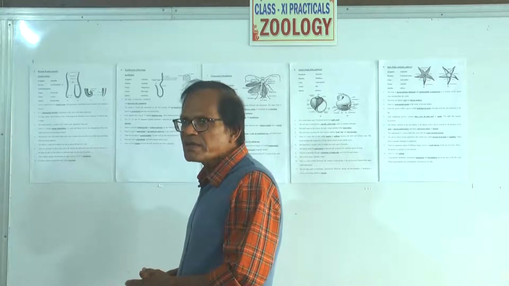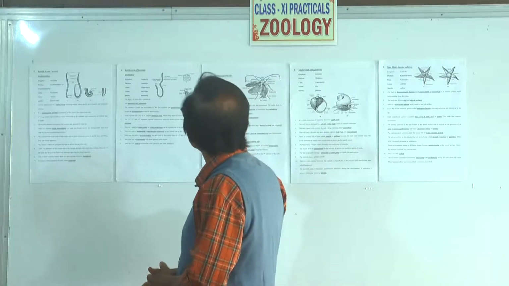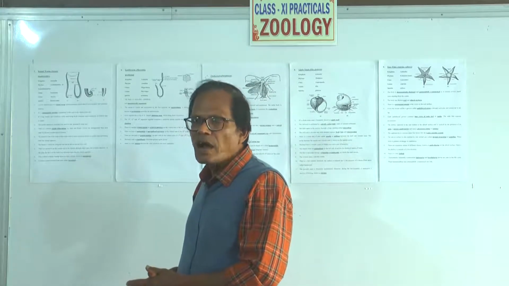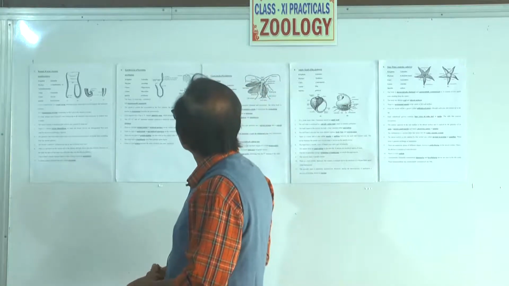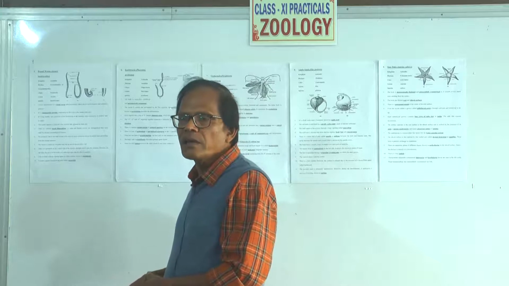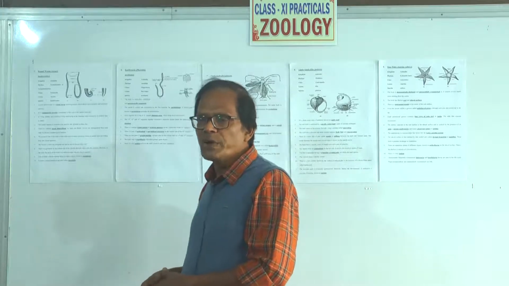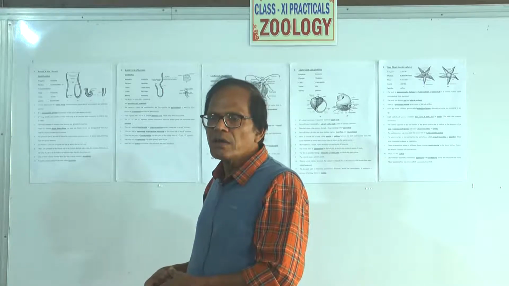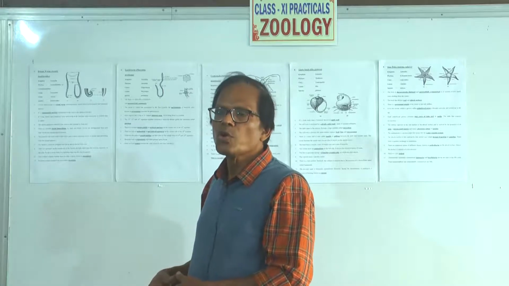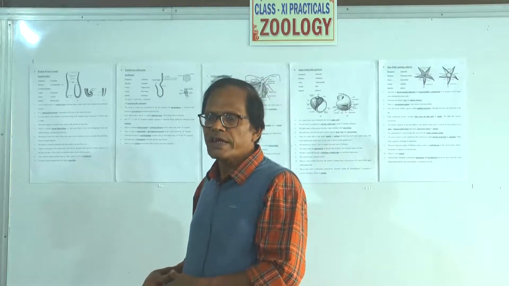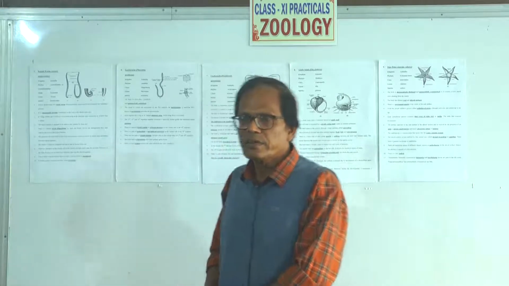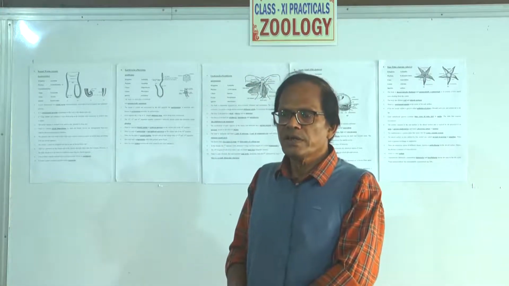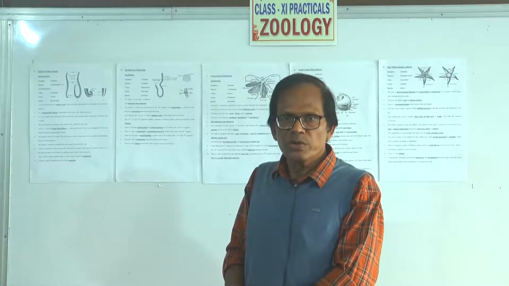So annulus means rings. These rings are known as body segments. The class is Oligochaeta. Oligo means few. Chaeta refers to locomotor structures present as a circlet in each segment.